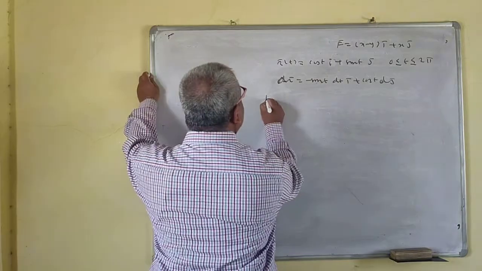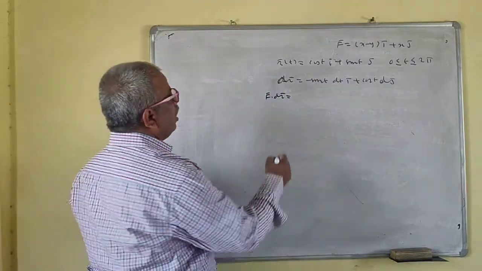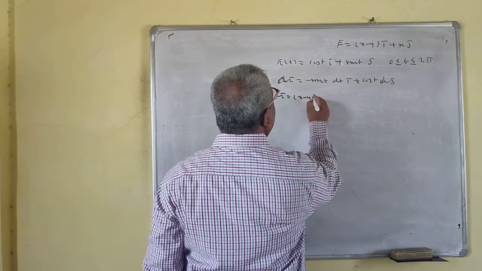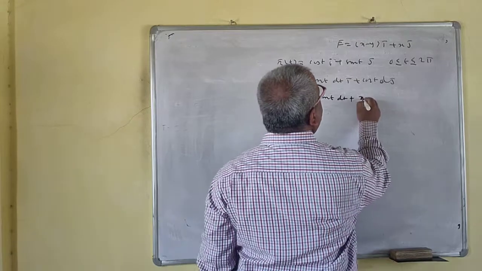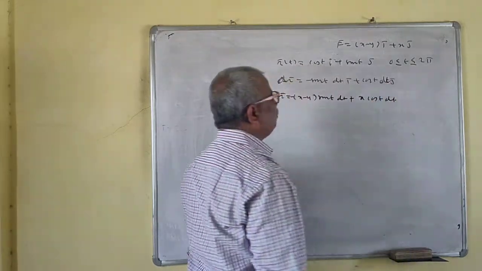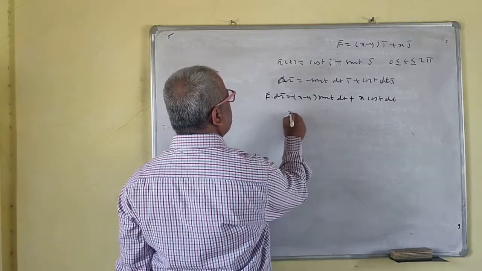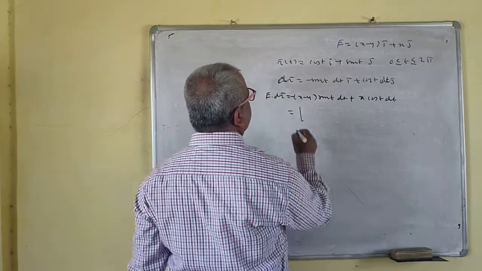Now F bar dot dr bar is what? x minus y, this is minus sin t dt plus x cos t dt, which is dt j bar. So this is equal to what? We'll write minus x means y minus x.